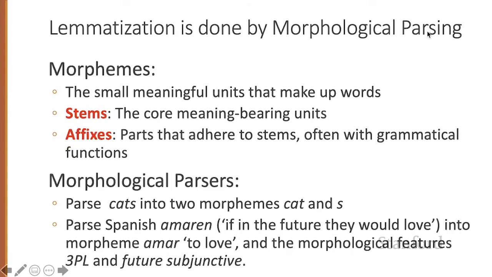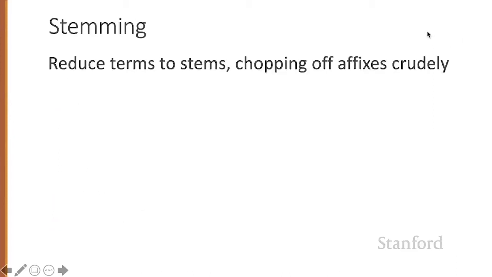So cats has the stem cat and the affix s. And so a parser's job is to break up cats into cat and s. Or more complicated cases, Spanish amaren, if in the future they would love, we're going to break that up into a morpheme amar, and the morphological feature is that this is the third plural form and the future subjunctive form.